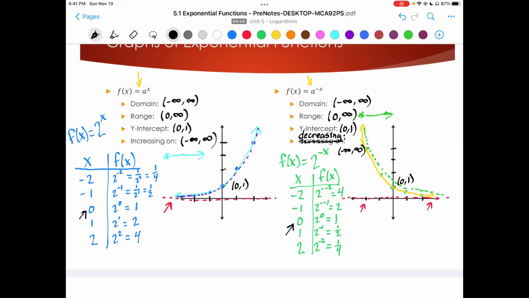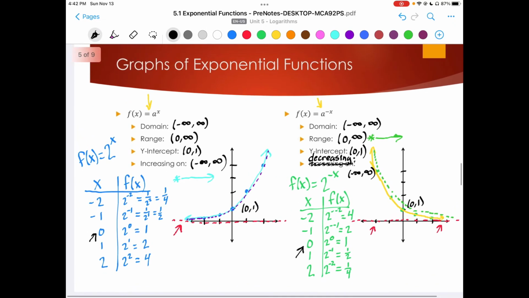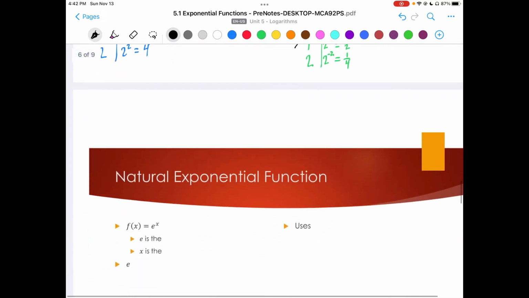Excuse my little notes right here, they get a little squished, but it reads the same. So they're both increasing or decreasing on the entire interval of our graph. The a to the positive x, or our exponential with a positive exponent, is increasing the entire time. If we have that negative exponent, it is decreasing the entire time. So that's just a little bit about graphs of exponential functions. That will be helpful while you're trying to work on some of those assignments.